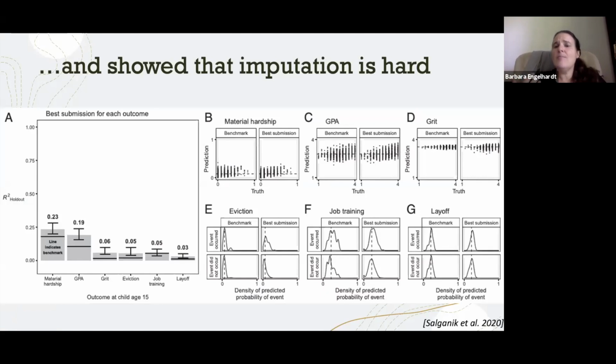That said, there are some really interesting parts of imputation that we can learn from this example. Missing data is part of it, but also very biased zeros and ones in the case of layoff, eviction, and job training make it incredibly challenging to perform these analyses generally. But I think there's very little signal there.